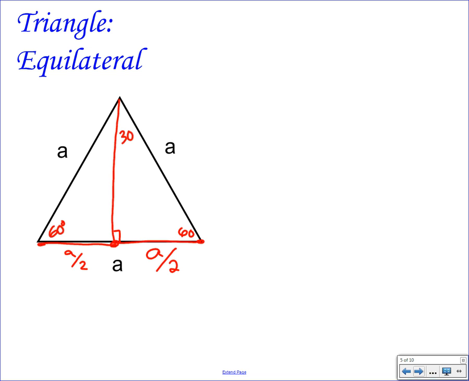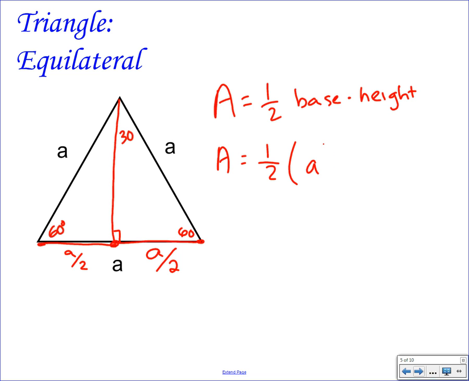So to find the height, because the area is 1/2 base times height, well, I found that the base is the whole segment of a. Now I need to find the height, or the altitude.